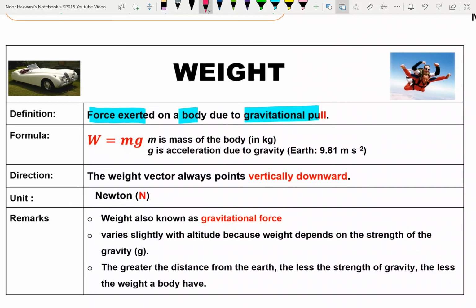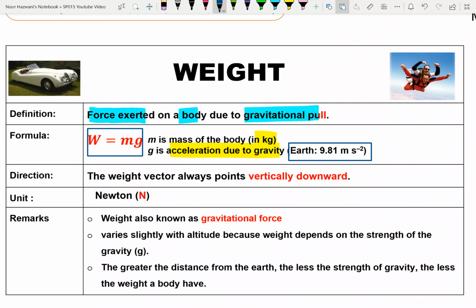Okay, we are going to use equation W equals to M times with G. So weight tu mestilah dalam unit Newton. M tu mesti dalam unit kg, wajib. And then G is acceleration due to gravity dan kita akan guna nilai dia adalah 9.81 meter per second squared. Okay, you tak boleh guna 10 lah.